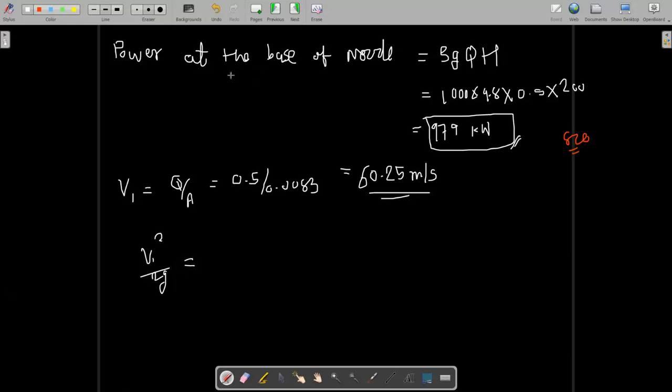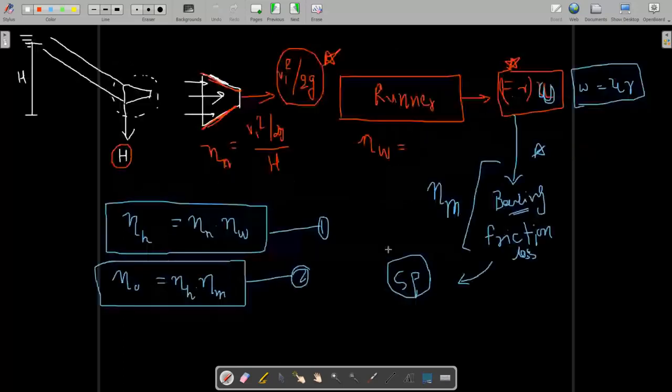So what is the velocity there? 60.25 whole square divided by 2g, 2 into 9.8. So when you solve this, you will find that is 185 meter head. In terms of head, what is the head available at the exit?